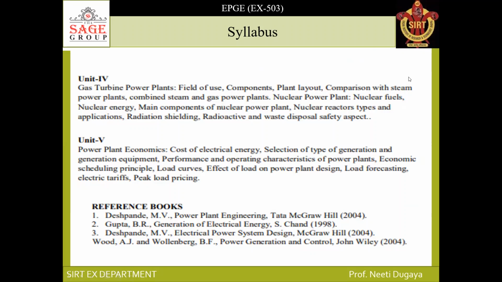You have also seen nuclear power plants in your school science syllabus, but here we'll study that in a deeper sense: nuclear fuels, nuclear energy, main components of a nuclear power plant, nuclear reactor, its types and application, radiation shielding, radioactive waste disposal and safety aspects in this particular unit.